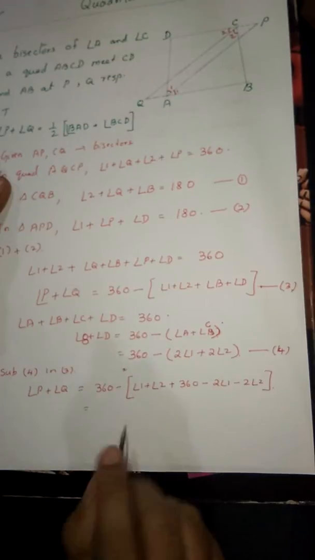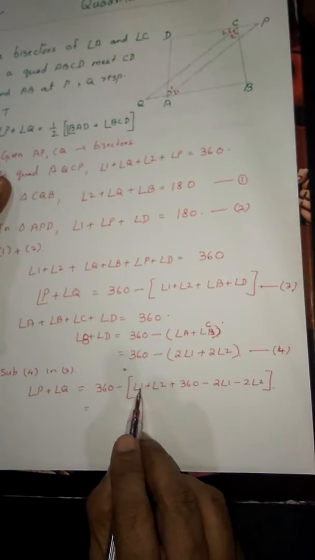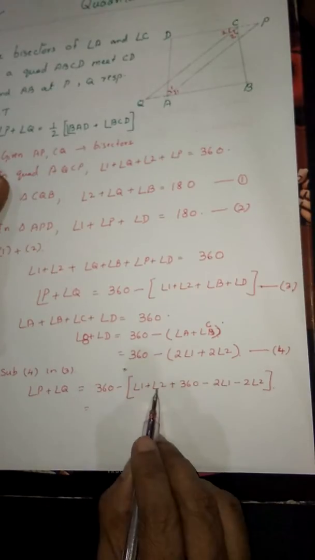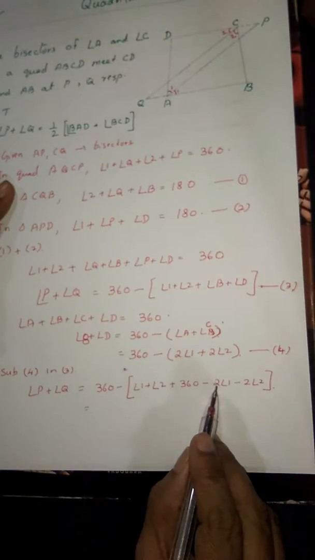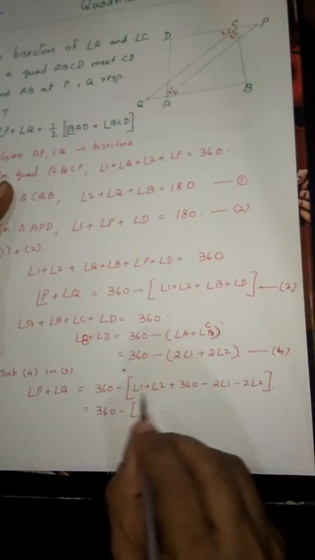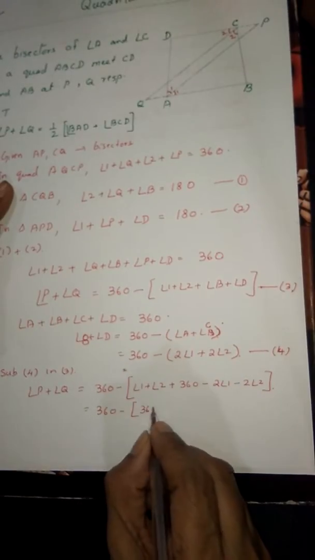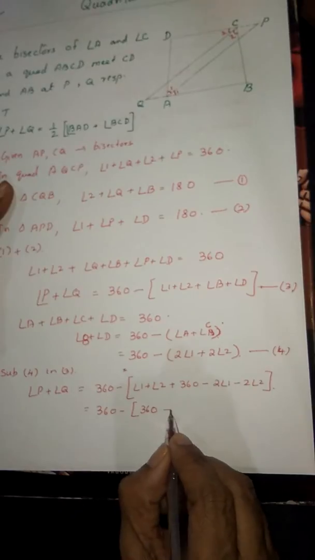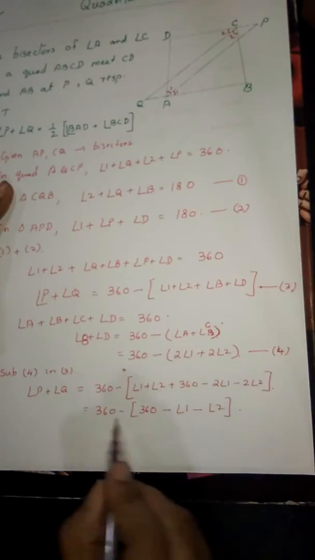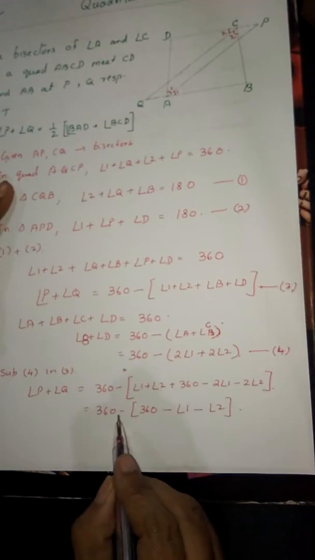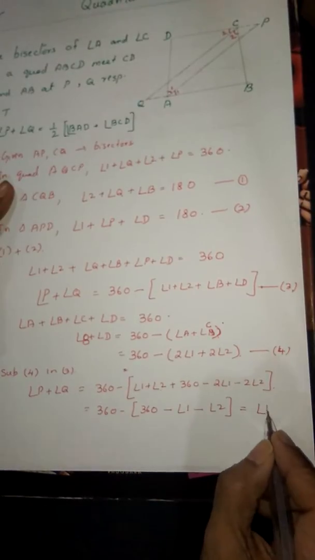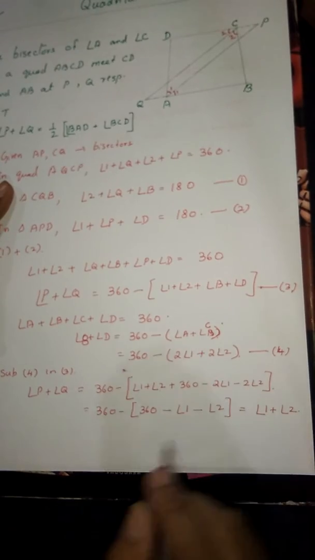Now if you open the bracket and simplify, 360 and 360 cancel, minus and minus become plus, and this is equal to angle 1 plus angle 2.